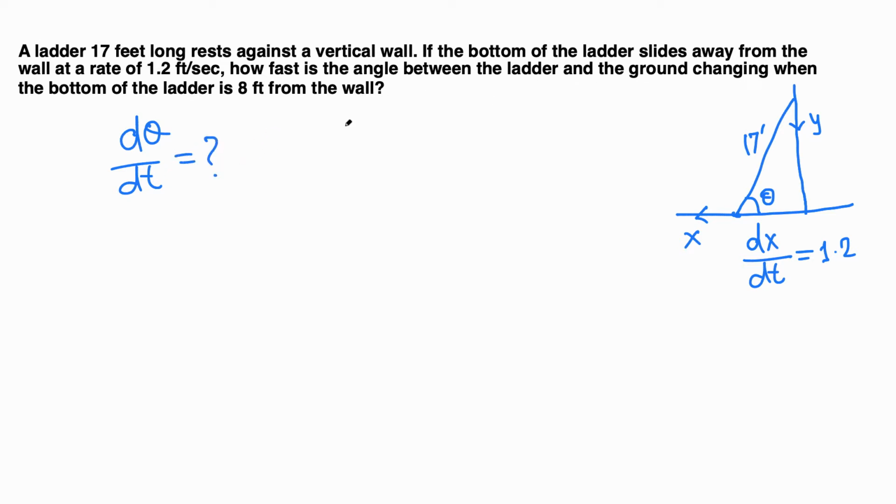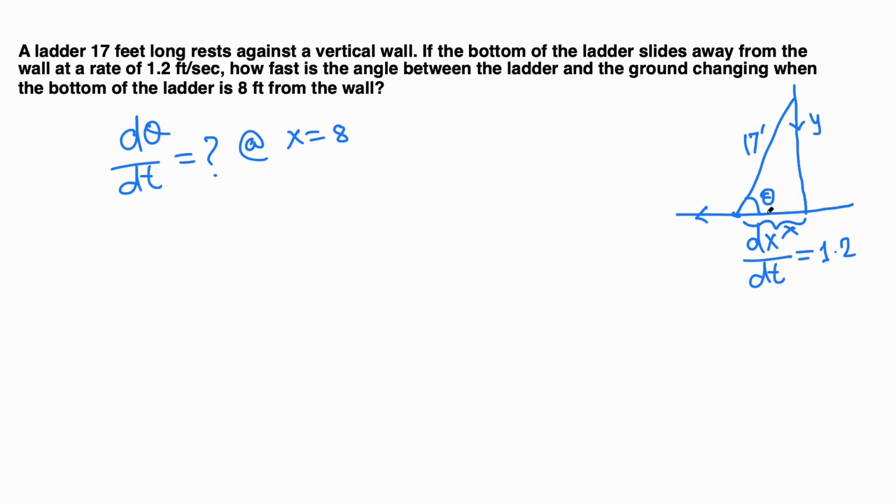So d theta over dt is what? At the moment when the bottom of the ladder is 8 feet from the wall, so when this distance x is 8. Y is not given anything, we'll see.